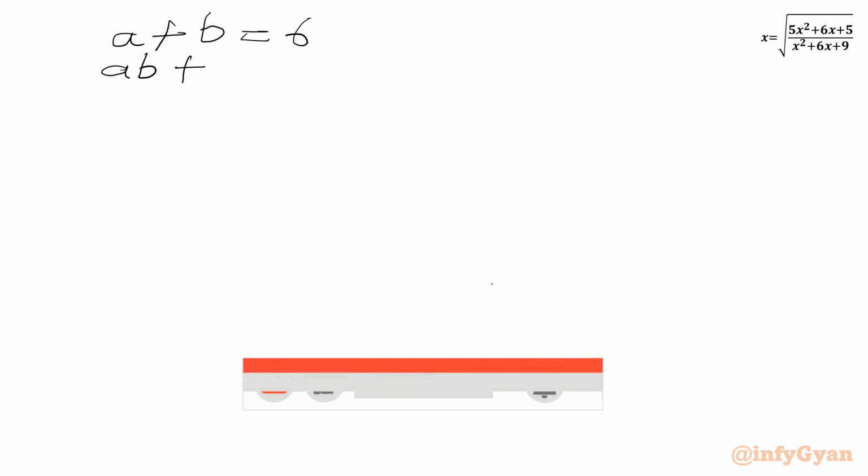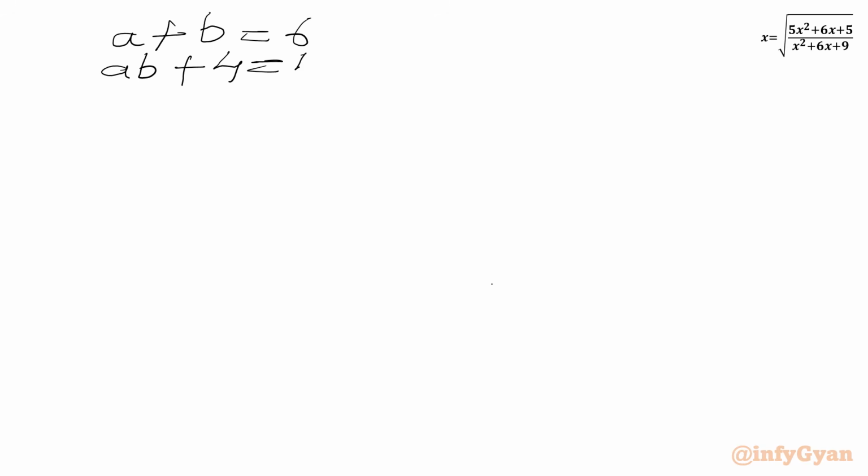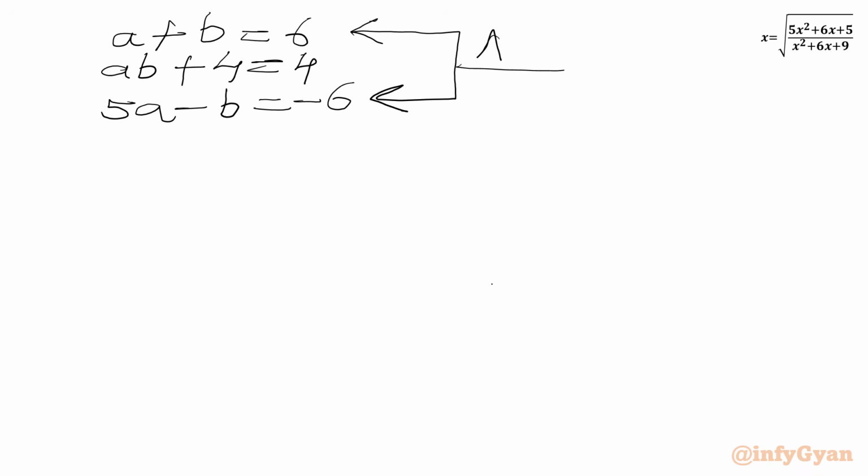So a plus b equal to 6, ab plus 4 equal to 4, and we have third equation 5a minus b equal to negative 6. Now we are going to add these two equations. First and third, after adding these two equations, we will get 6a equal to 0. From here we will be getting a equal to 0.